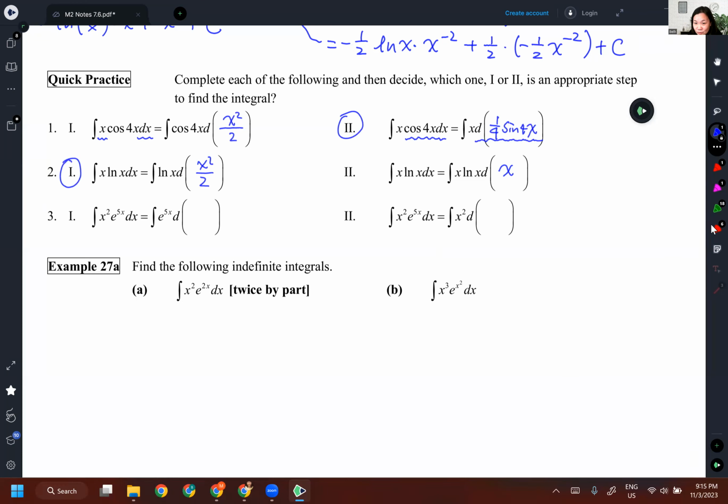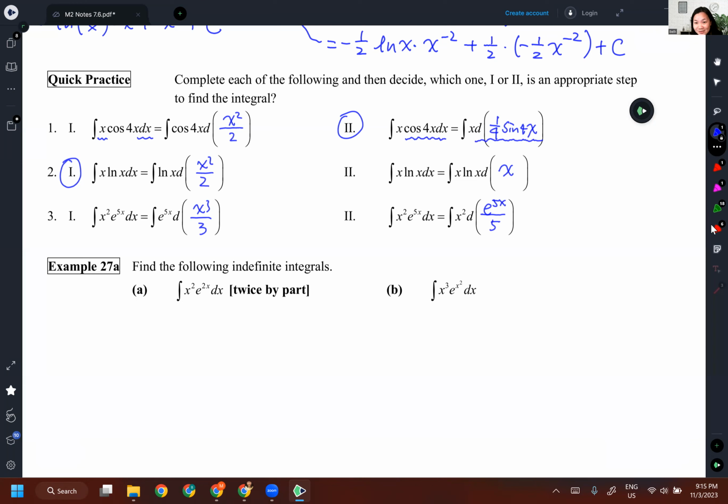Last one. It's a mixture of x squared and e to the power 5x. The first choice is to put x squared inside. That's x cubed over 3. The second choice is to put e to the power 5x inside, which gives you e to the power 5x divided by 5.